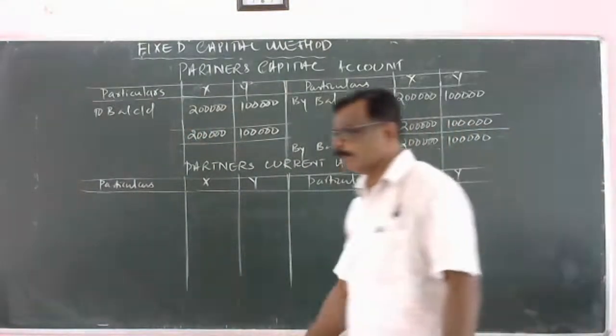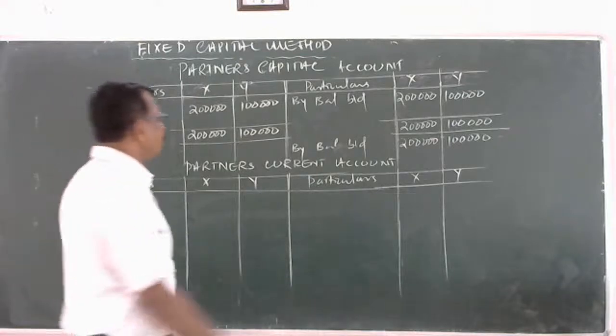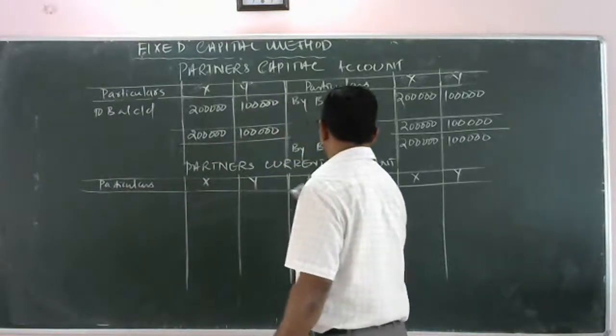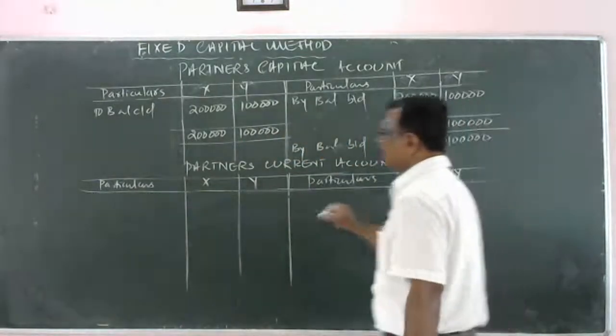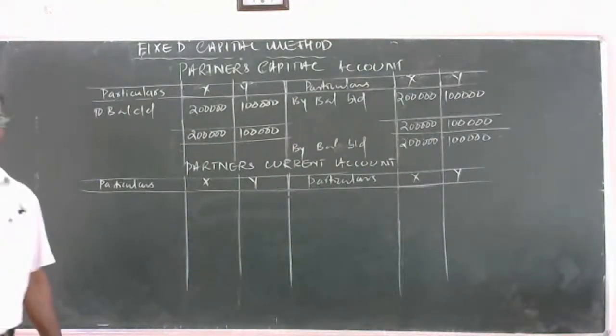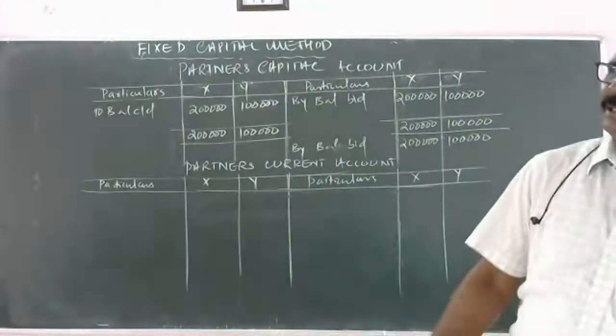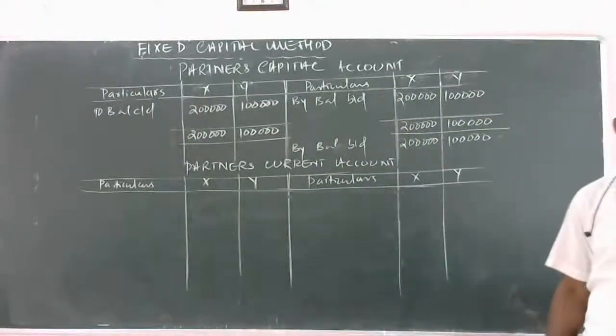Draw the columns for the partners current account. Then the same items: salary is credited, interest on capital if there is any is credited, commission if there is any is credited, share of profit is credited, right?